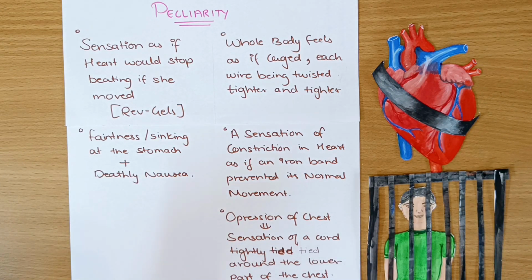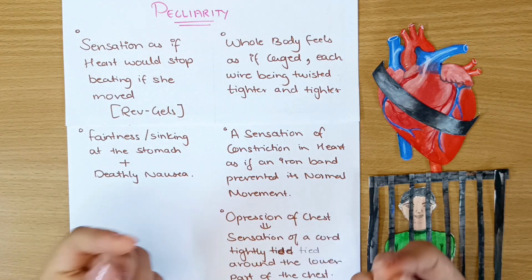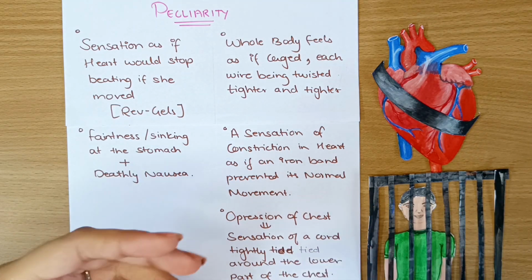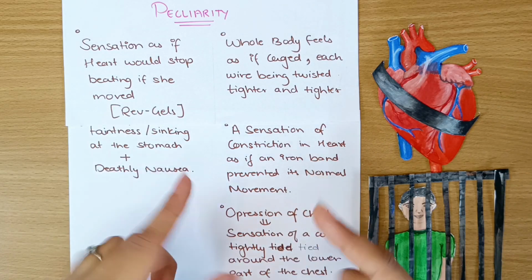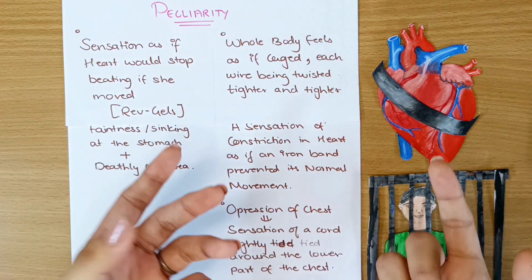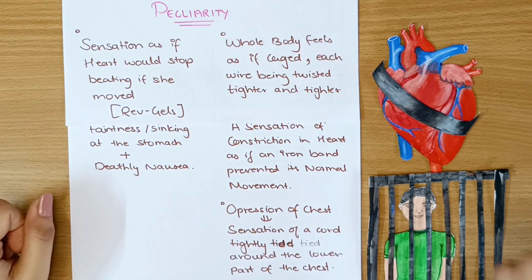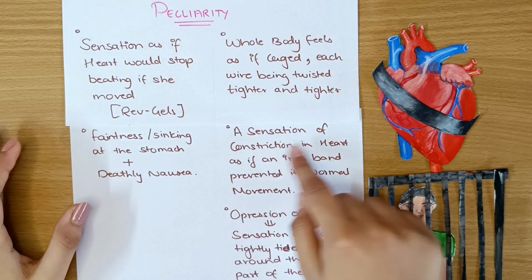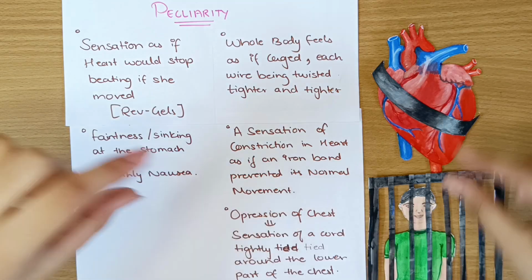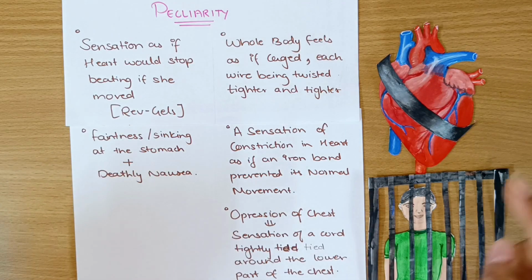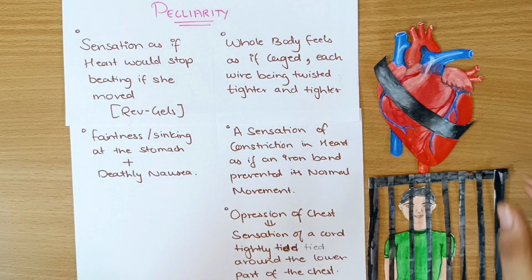Constriction is a generalized symptom in Cactus grandiflorus, a constriction everywhere in the body, and we can also see it in the heart, as if an iron band prevented its normal movement.